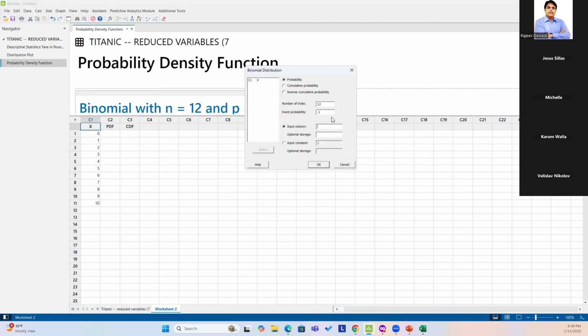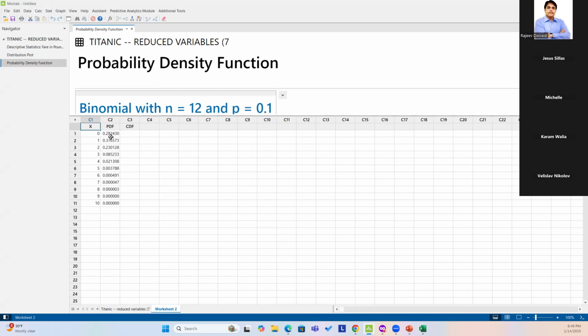The input column is right here, which is X. For where to store, I'm going to store my results in PDF. So this is the PDF, and you can see what values we got here.